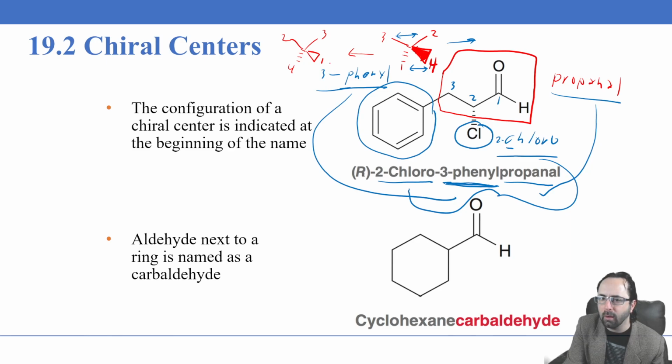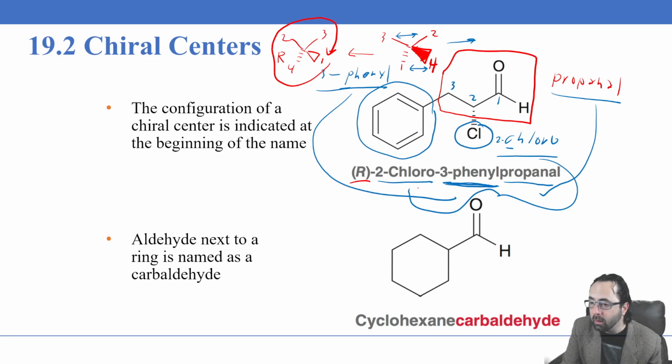Now we're going to have 1, 2, 3. That's a clockwise right-hand turn on the steering wheel, and so we get an R designation. We could say 2R here because it is the second carbon that is chiral, but you only really need to do that if there's more than one chiral carbon. If there's only one, then it is obvious that it is that one chiral carbon that you're talking about, so you can simply say R.